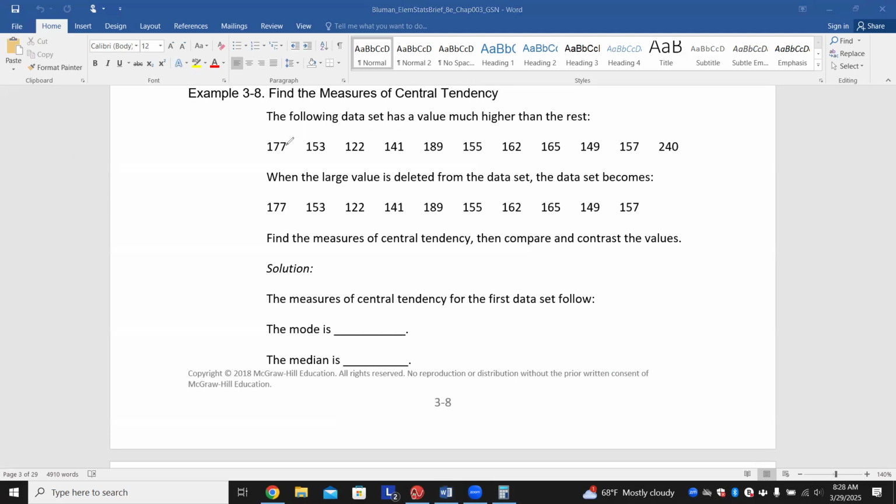All right, so I'm not seeing any repeat numbers, but let me just write it out anyway. So 122, 140, 141, followed by 149, followed by 153, 155, 162, 165. Oh, I lost the 157 there.